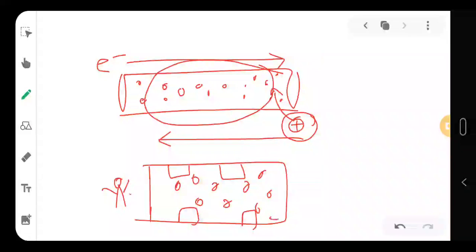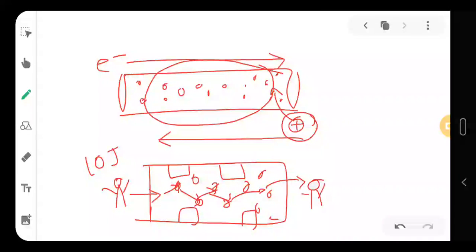Let's say you start with full energy, 10 joule, but while going you collide with people, and finally when you are out, you have 8 joule left. So 2 joule is lost. The same thing happens for charges in the conductor.